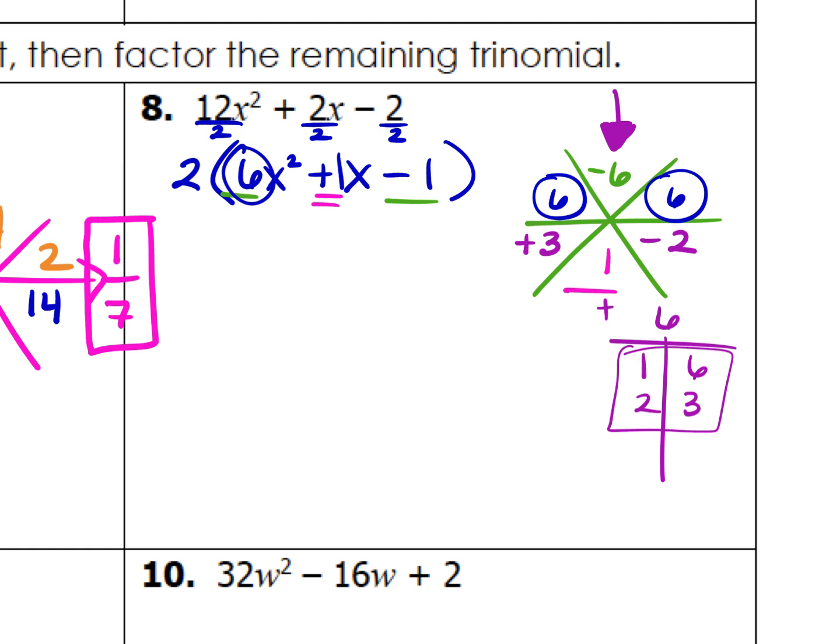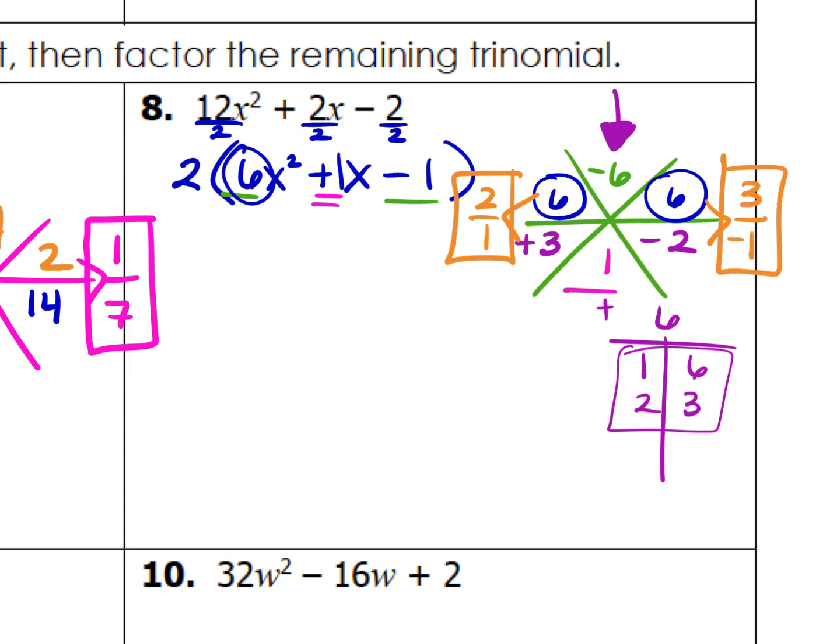Do either of those reduce? Both of them. 6 over 3 would be 2 over 1, so you're going to use that one. 6 over negative 2 reduces to what? 3 over negative 1, so you're going to use that one.